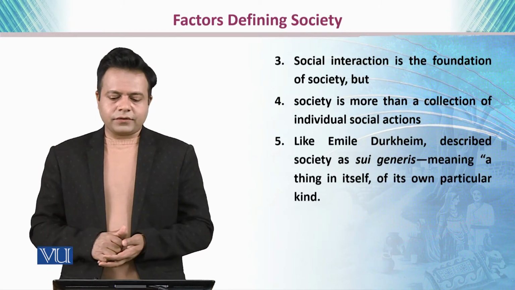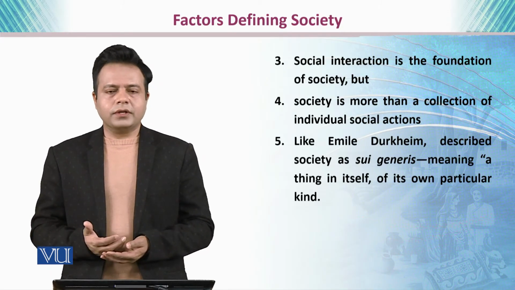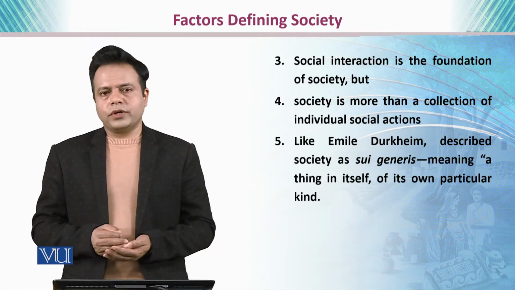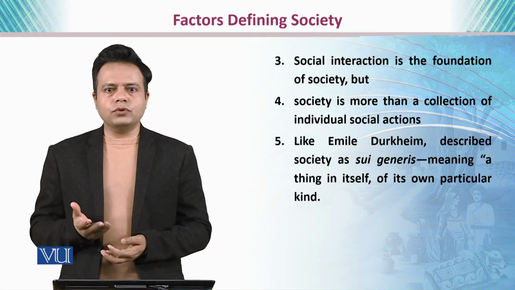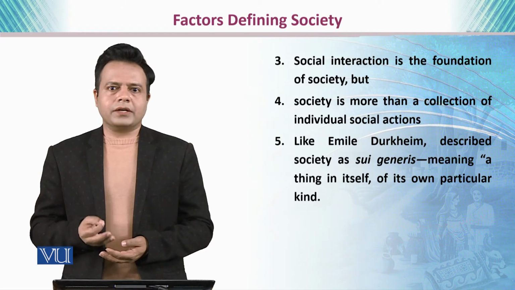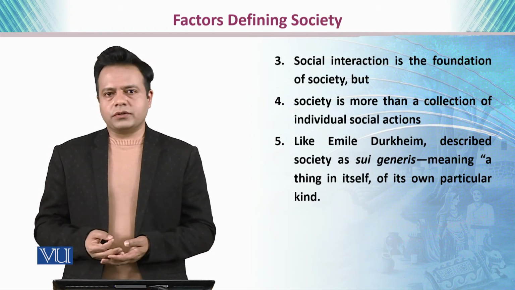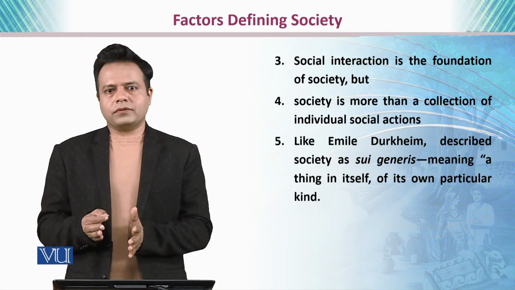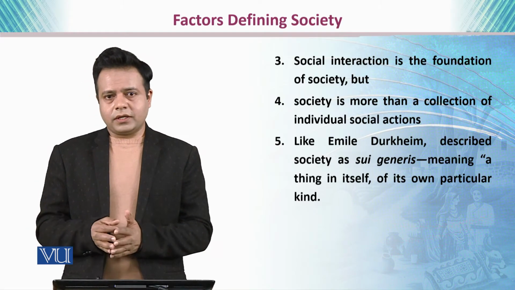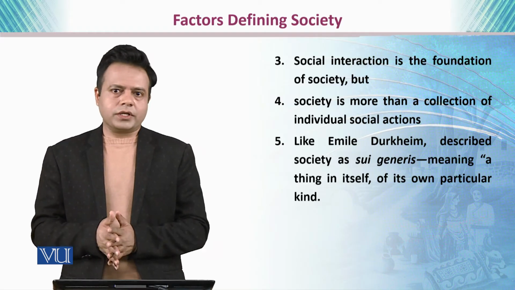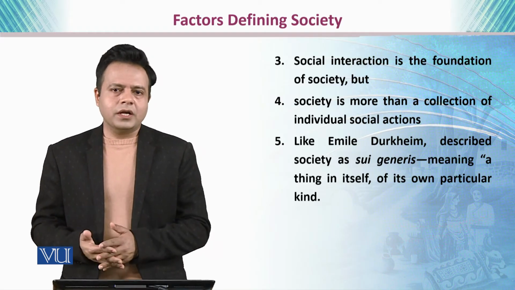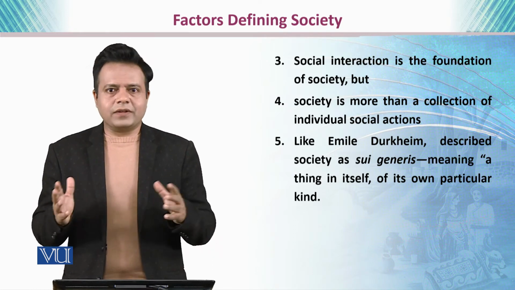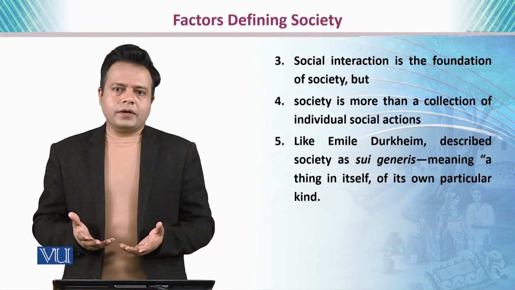And number 3 is that social interaction is the key foundation of society. Because to interact with each other, we do need a medium of communication. Each of these societies possesses a complex but distinctive medium of communication, which we call language. Language is generally based on vocal gestures as well as the use of symbols.